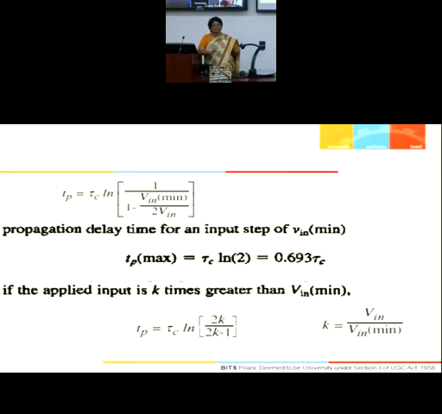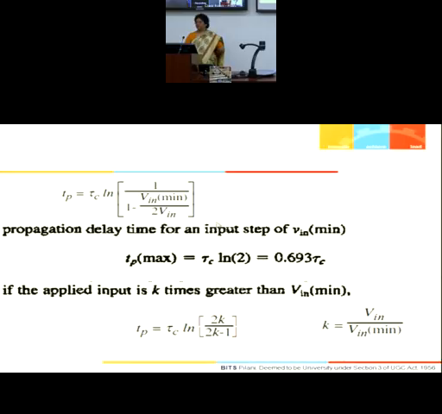When both the arms of the comparator are working, one arm is not going to cut off. Under that situation, I have got an expression for propagation delay. So when will you get TP as TP max?